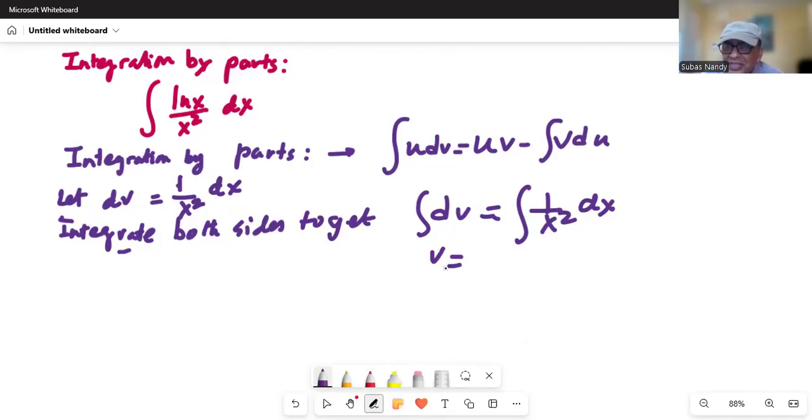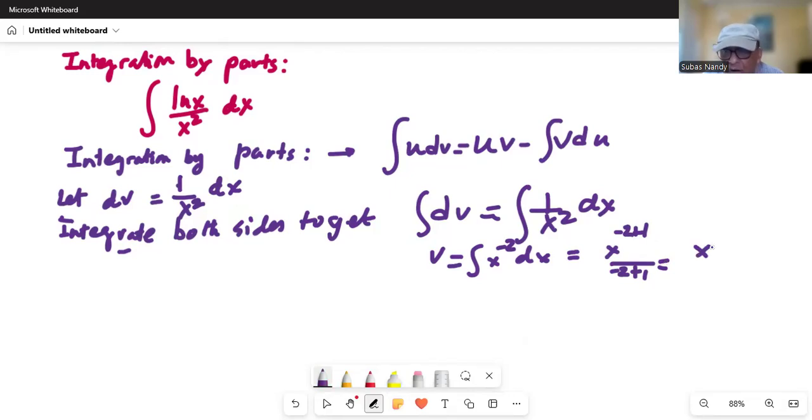For this integration we use the power rule of integration, which says the integration of x to the minus 2 dx is x to the minus 2 plus 1, you increase the exponent by 1 and divide by the new exponent.